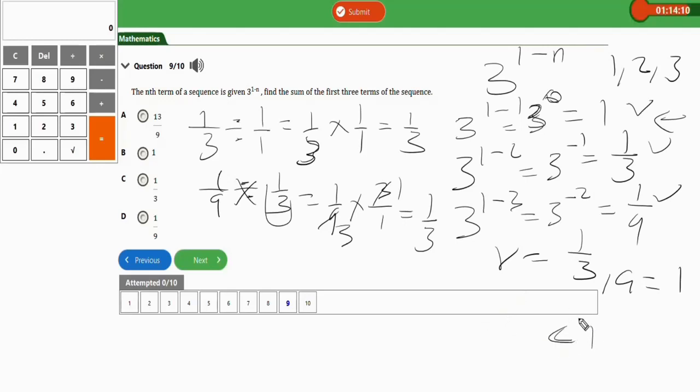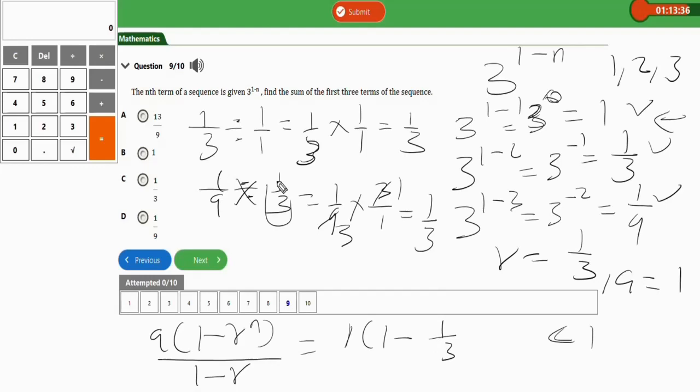So this shows us that the formula to apply will be A in bracket 1 minus R power n, bracket close, over 1 minus R. So when you input this in the formula, our first term is 1, in bracket 1 minus R, where R is 1 over 3.